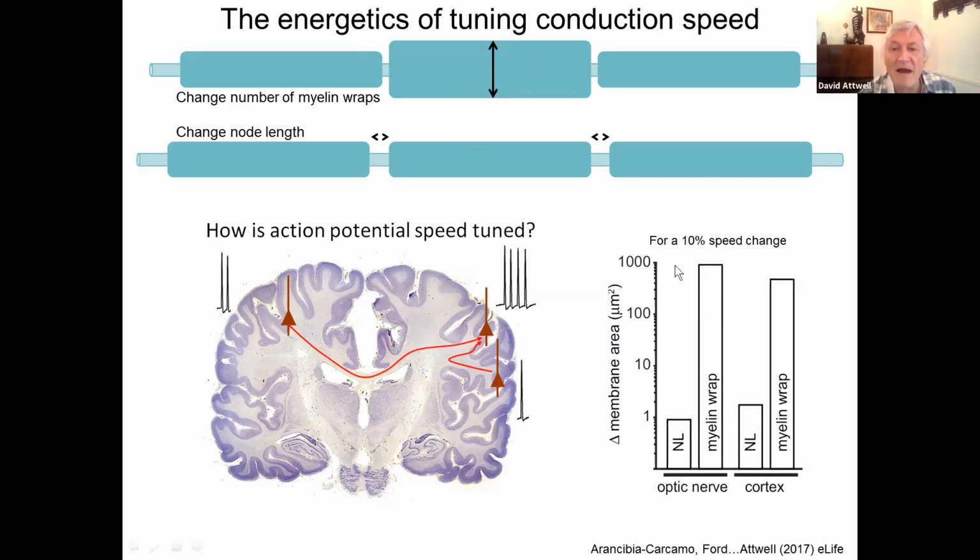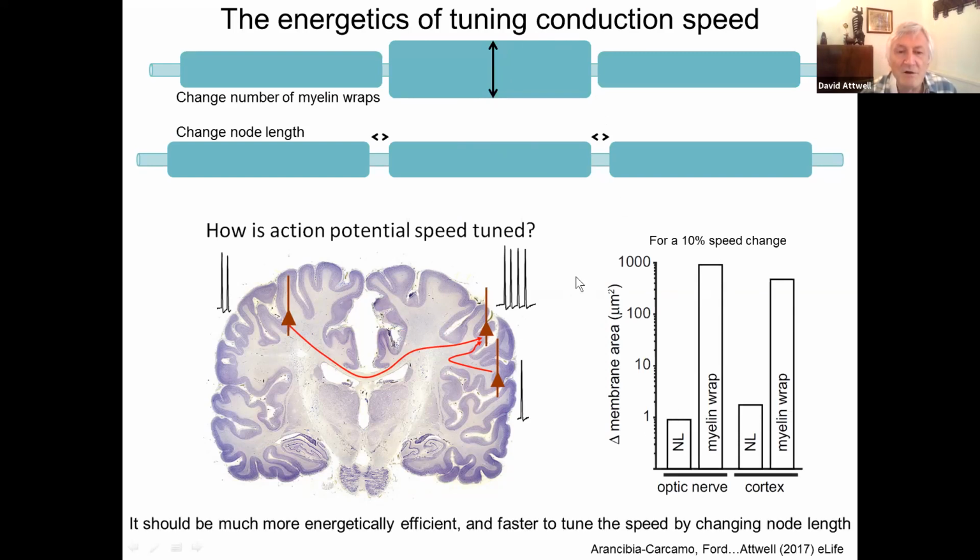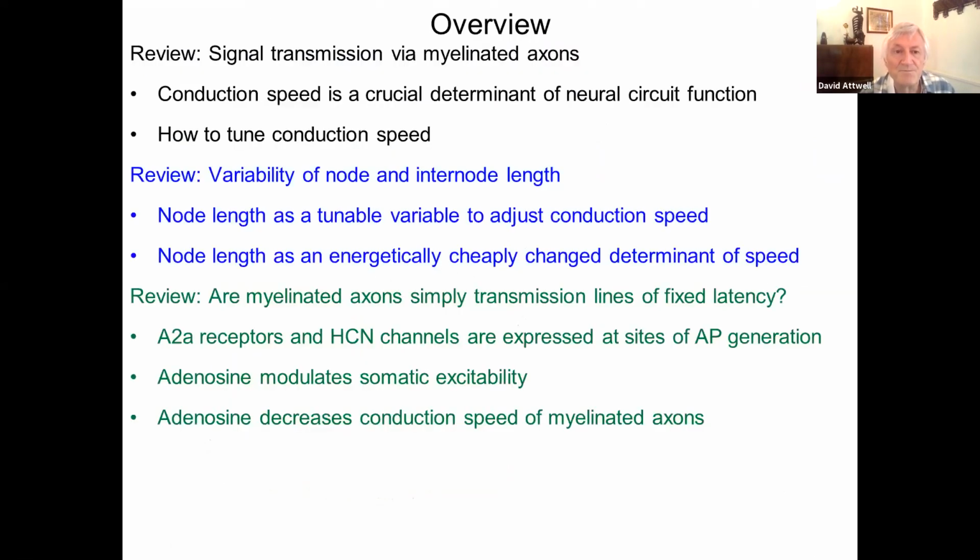You need to add about 1,000 square microns of membrane to each internode. In contrast, you can produce that 10% speed change by just manipulating 1 square micron of membrane at the node. So changing the node is more energetically efficient and probably also faster to tune the speed of an axon.